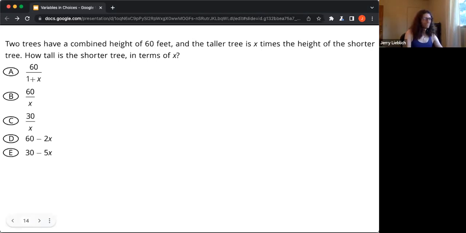Okay. So we've got here two trees. One's taller than the other. Tree 1, tree 2. And they have a combined height of 60 feet.